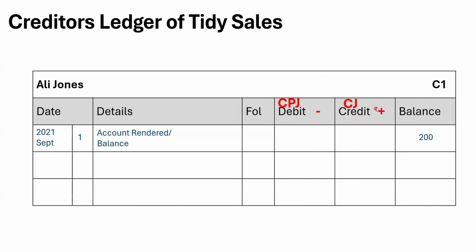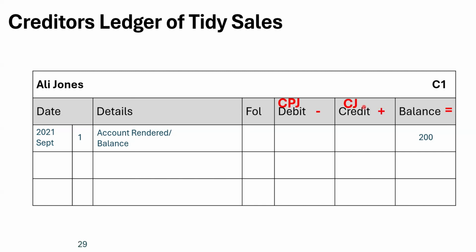And credit plus, all CJ transactions will be on the credit side. I always remember creditors: credit plus, debit minus, balance equal. So put this in as your little cheat sheet in the test. When you're doing a creditors ledger, say debit minus CPJ, credit plus CJ, to remind you.